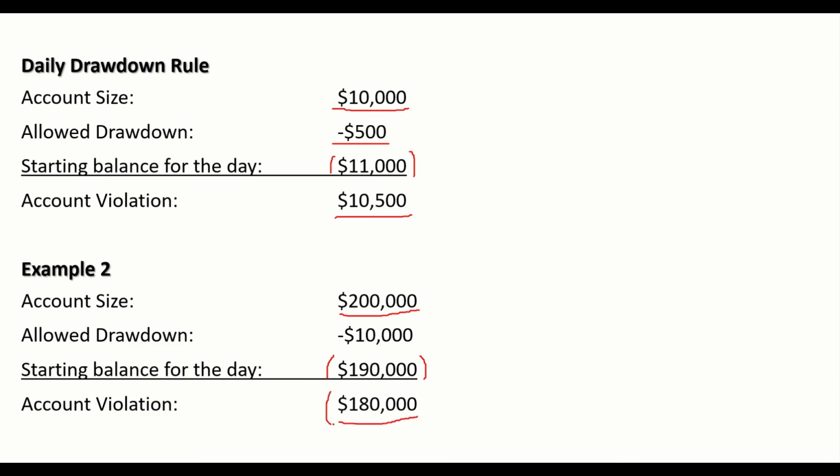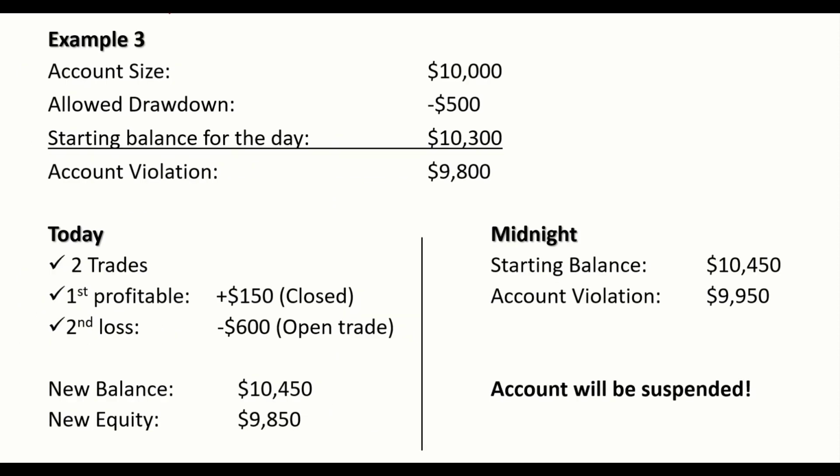So if your account goes below this in that day, then you have violated the account rules. So let's look at a more complex example, and this is actually where it becomes interesting. Assuming you have an account size of 10,000 US dollars, then your allowed drawdown is $500, 5% of this.